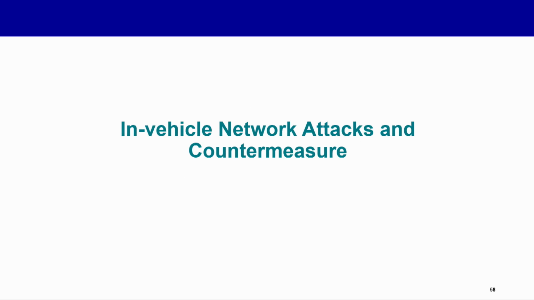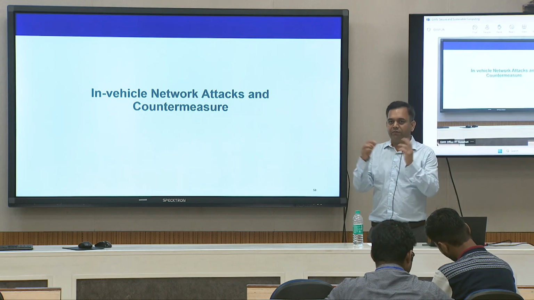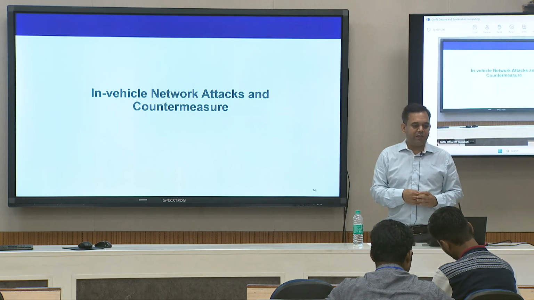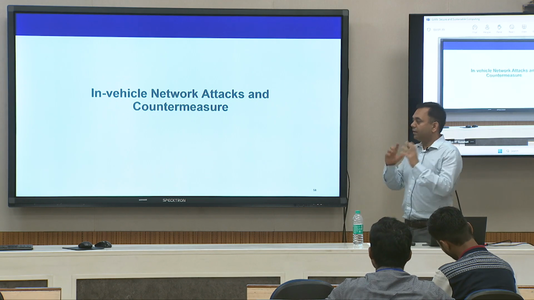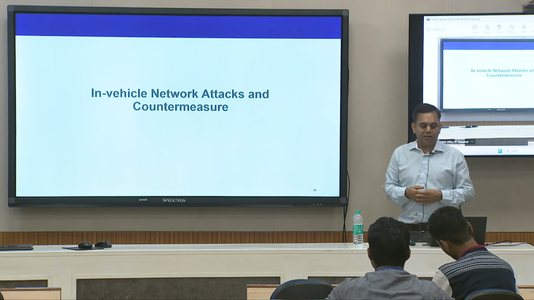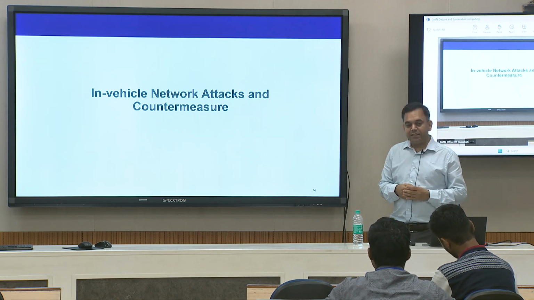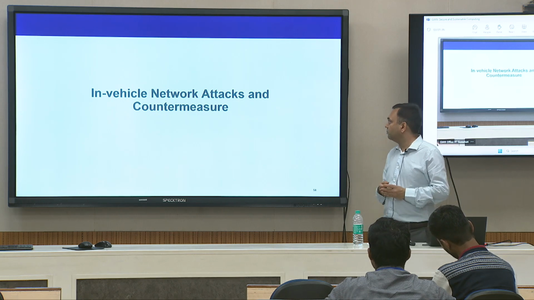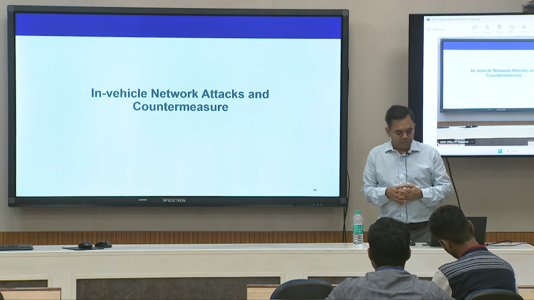Okay. So next one, again, has been done in my group. We are going to look at vehicle network attacks and countermeasures. You know, the vehicles, the cars that we use, there is a network inside them, but that network can be attacked, and then how that attack can be stopped.